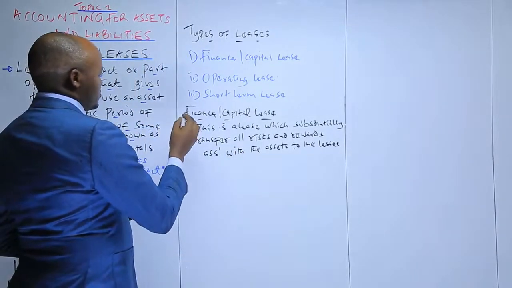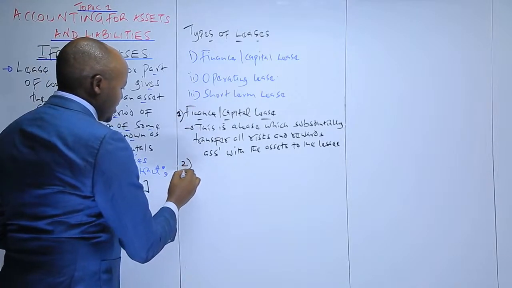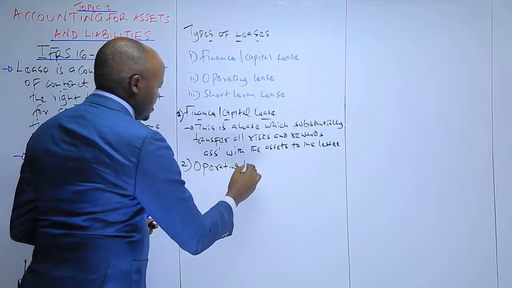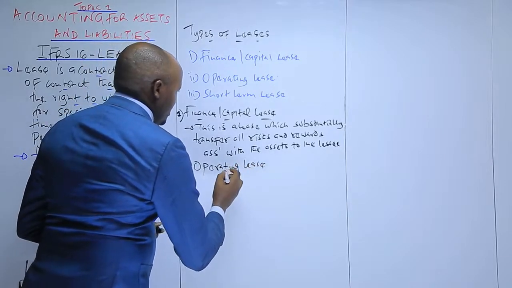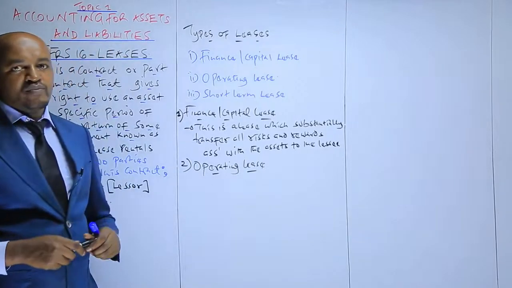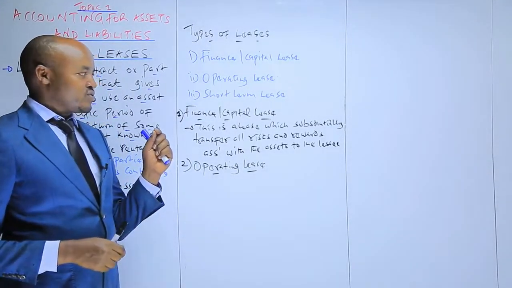So number two, we have the other type of lease, and that is the operating lease. When we talk about an operating lease, this is defined to be any other lease other than a finance lease.